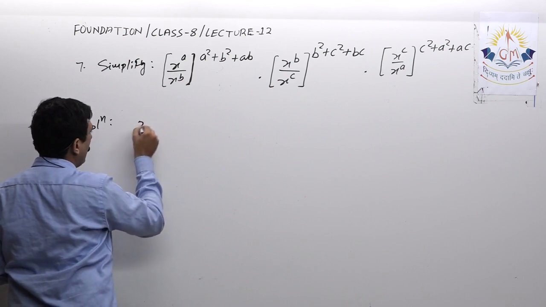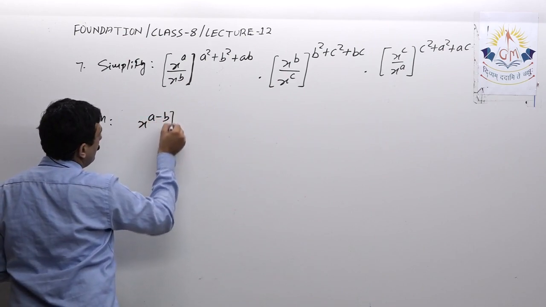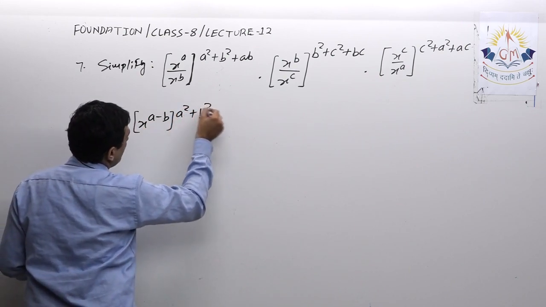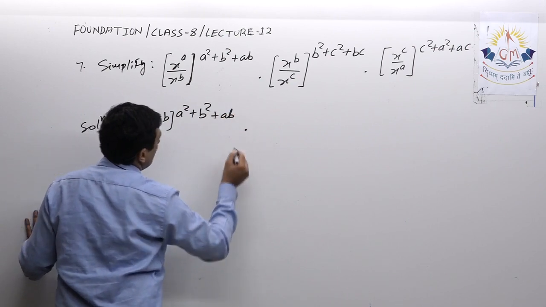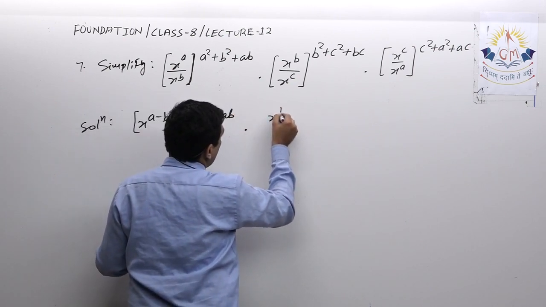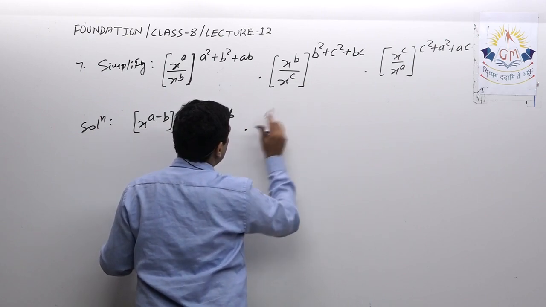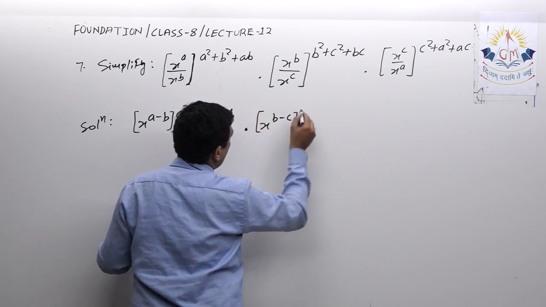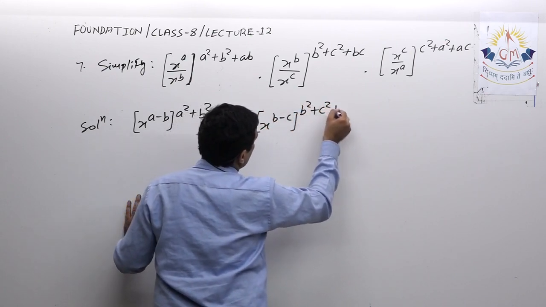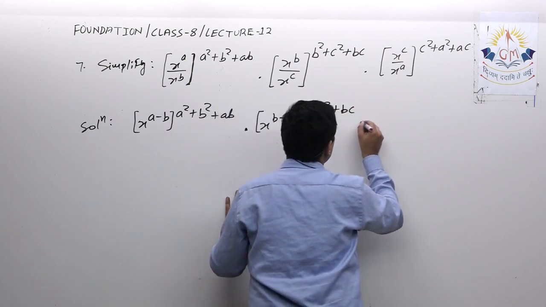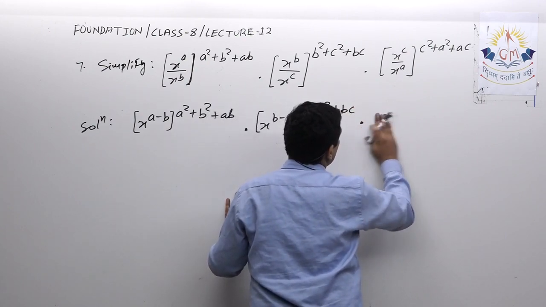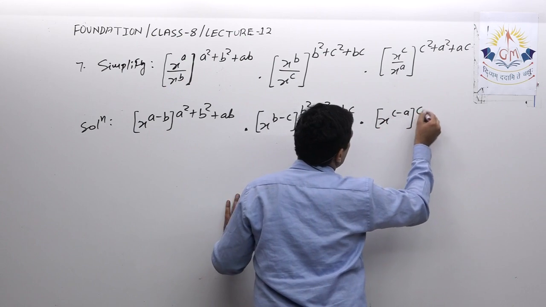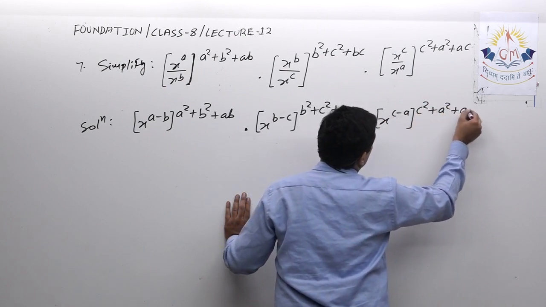So this will become x raised to a minus b raised to a square plus b square plus ab into x raised to b minus c raised to b square plus c square plus bc multiplied by x raised to c minus a raised to c square plus a square plus ac.